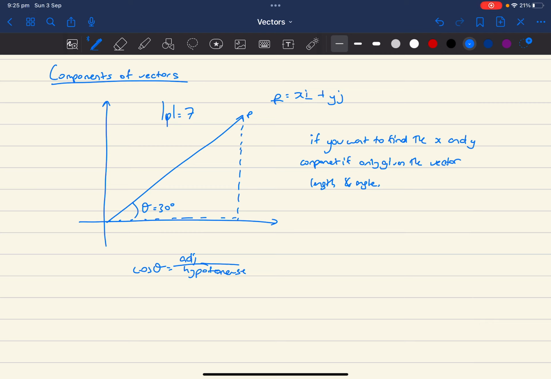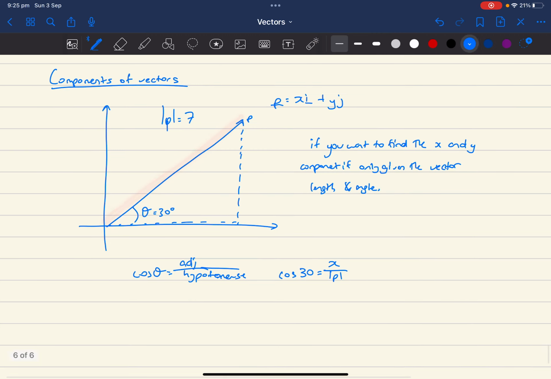You can see that cos 30 equals adjacent, which is my x axis, so x over the length of p, which is 7 in this case. So x over 7.